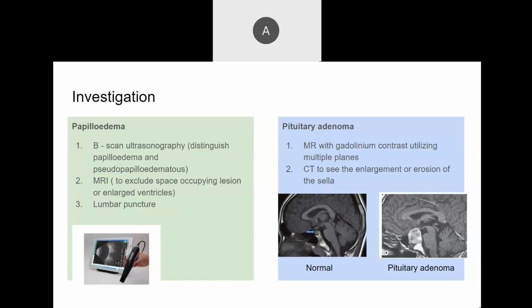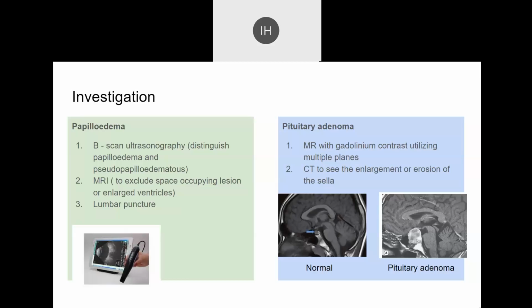Okay, thank you, doctor. So for investigation, we do MRI to exclude a space occupying lesion or enlarged ventricle. In this case, we have a space occupying lesion, which is the pituitary adenoma. But if there is no space occupying lesion or enlarged ventricle, we need to think of other diagnoses for what caused the raised intracranial pressure.